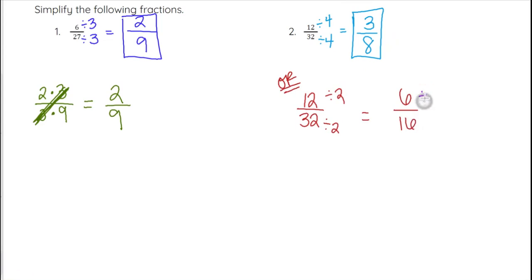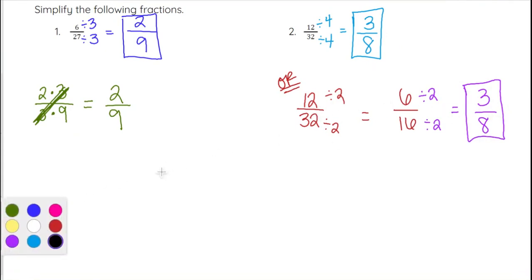So we can actually go again, because if they're both even, that means they are both divisible by 2. So we can divide the top and the bottom again by 2. 6 divided by 2 is 3, and 16 divided by 2 is 8. And so now we have two numbers that are not both even. They're not both divisible by anything other than 1. So 3/8, again, would be what we get, even if we use that method where we take a couple steps.